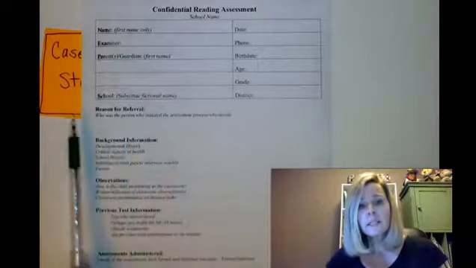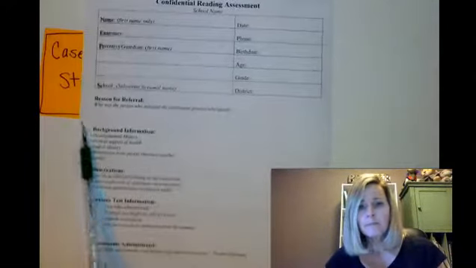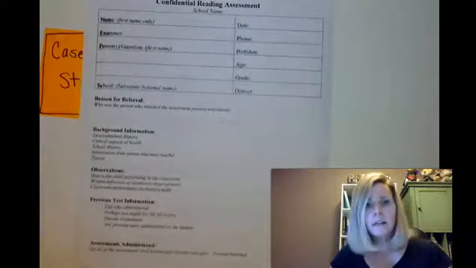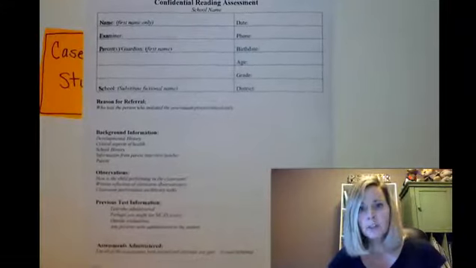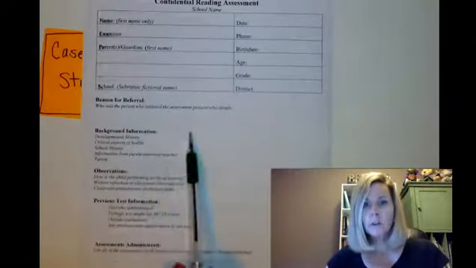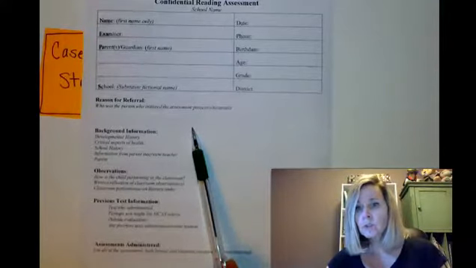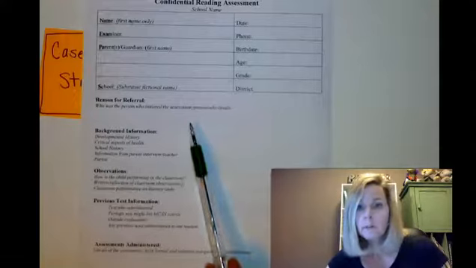So typically in a special ed meeting, or you'll see this type of a summary write-up of a particular student, and they'll oftentimes list a reason for a referral. So this is something you can choose to add, or you can omit this part if you choose to.